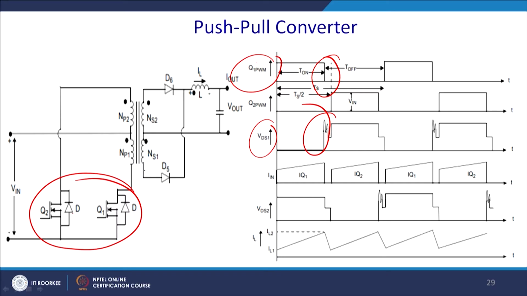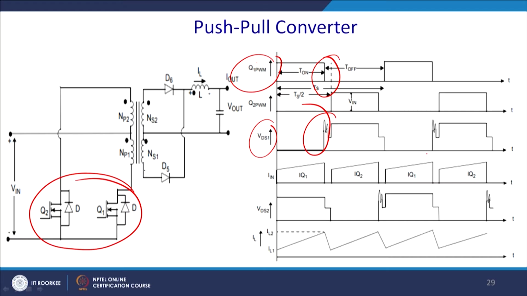While it is conducting, there will be a voltage of Vin plus the turns ratio NP by NS, so it has to block that. Once Q2 is off, the voltage will come down to the level of VIN, and then once it is re-triggered, it will come down to 0.